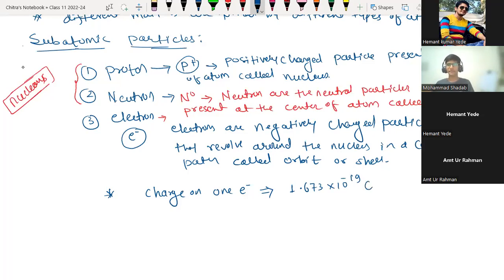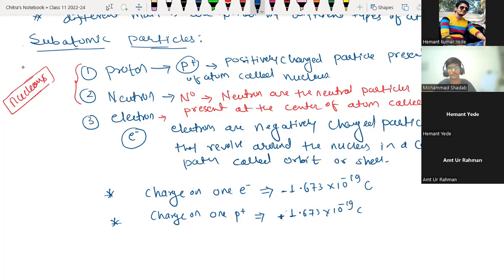Coulomb is the unit of charge. The proton also contains the same charge, but their signs are different. The electron is negatively charged and the proton is positively charged.